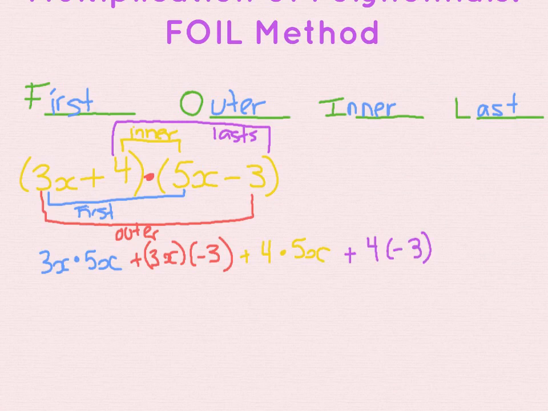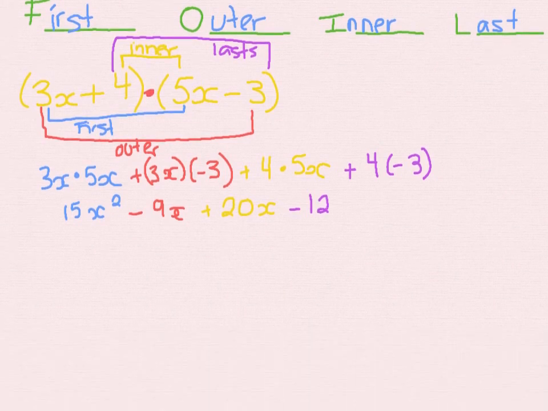So we will multiply everything first. This becomes 15x squared. Then this becomes negative 9x. Then this becomes plus 20x. Then minus 12.